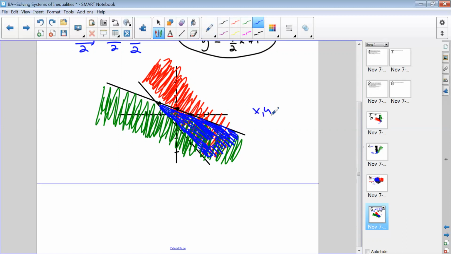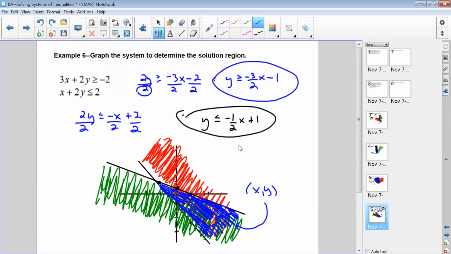Every ordered pair in the blue region satisfies both inequalities. That just means that any ordered pair you pick here, if you substitute an x and a y in, you get a true statement. And any ordered pair that you substitute for x and y here, you get a true statement.